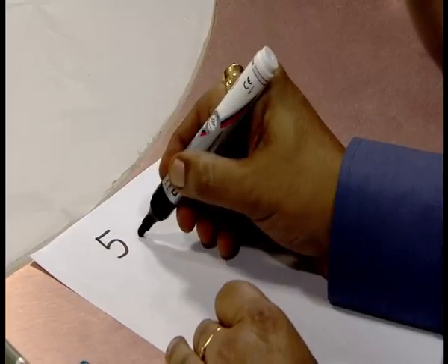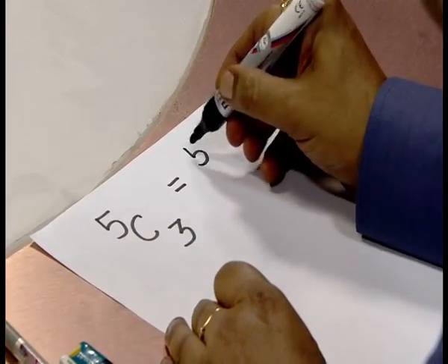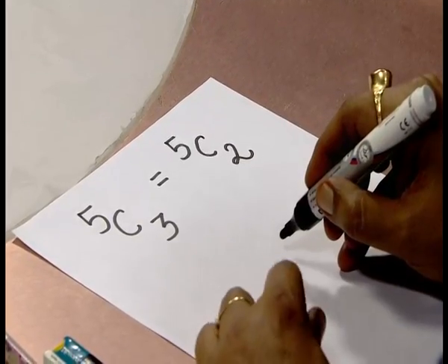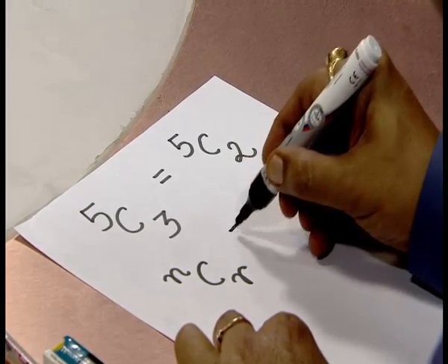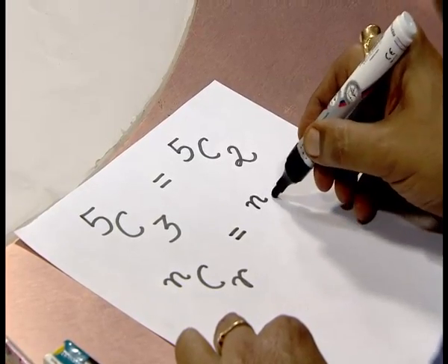So, can we not say that 5C3 is equal to 5C2, and we can generalize that by saying that nCr, of course n is greater than or equal to r, is equal to nC something.